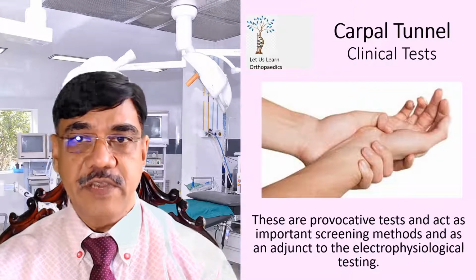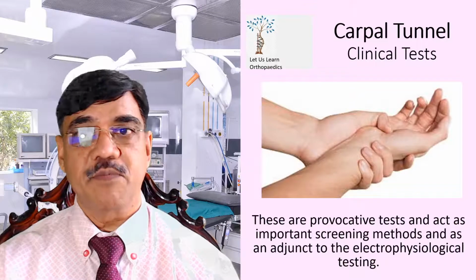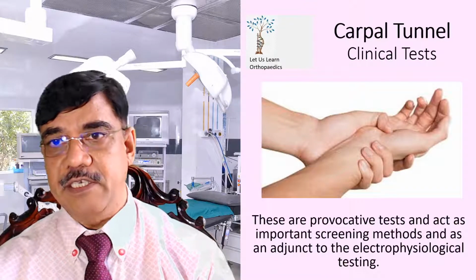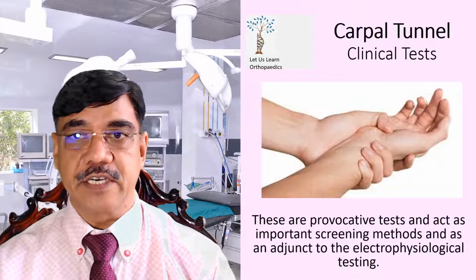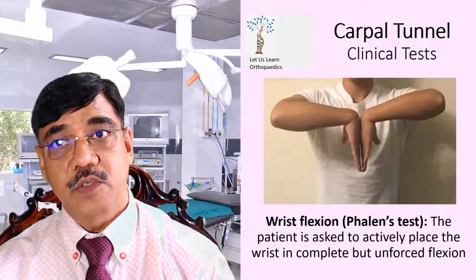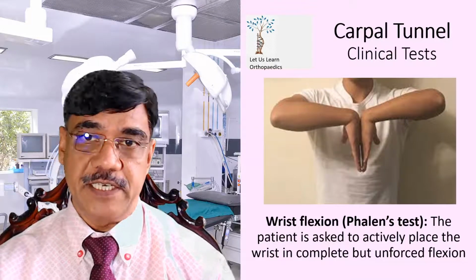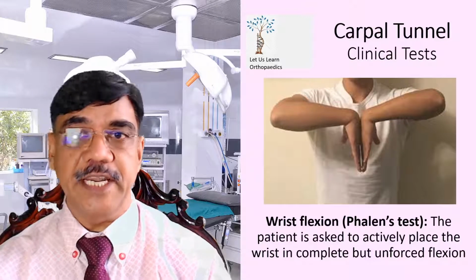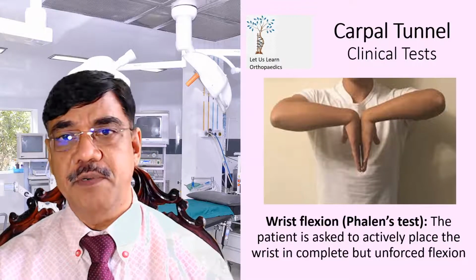Coming to the various clinical tests. These are provocative tests and they act as an important screening method and as an adjunct to electrophysiological testing. The first and foremost important test is wrist flexion, or what we call the Phalen test. Now look at this particular picture.